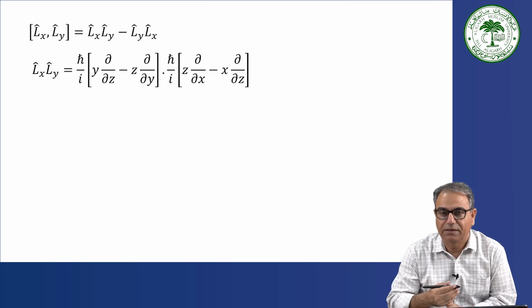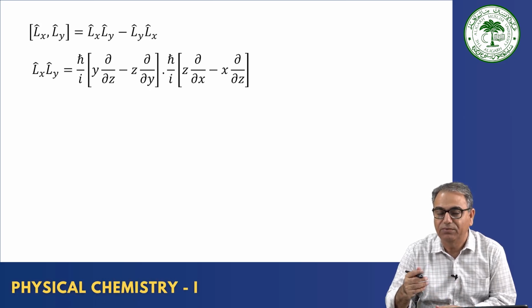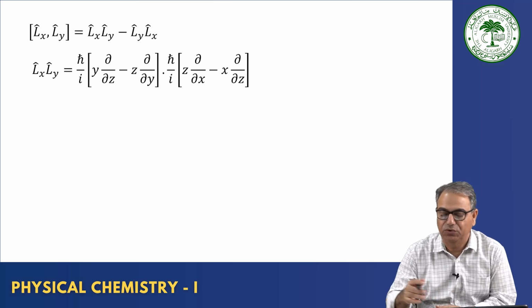These modules are to be seen in sequential order, then the concept will be better. Whenever you are reading angular momentum, start with the first module and then go to the second, third and fourth, and always keep a pen and paper with you. Do it yourself, then only you will learn quantum mechanics.